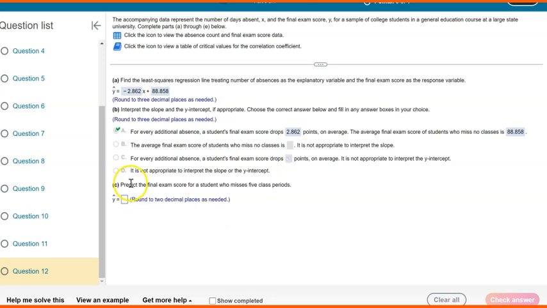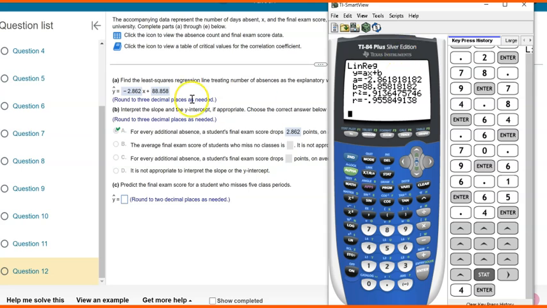Fantastic. Next one: predict the final exam score for the student who misses 5 class periods. How do you predict that? For the 5 class periods, you put the 5 into the equation and find the value and round it to 2 decimal places. Let me do that in the calculator.